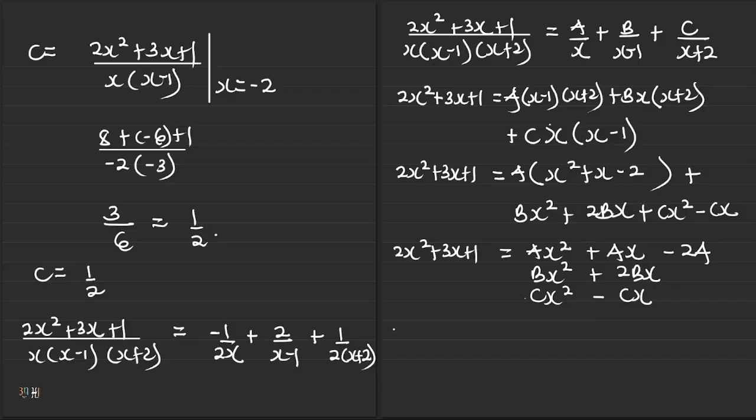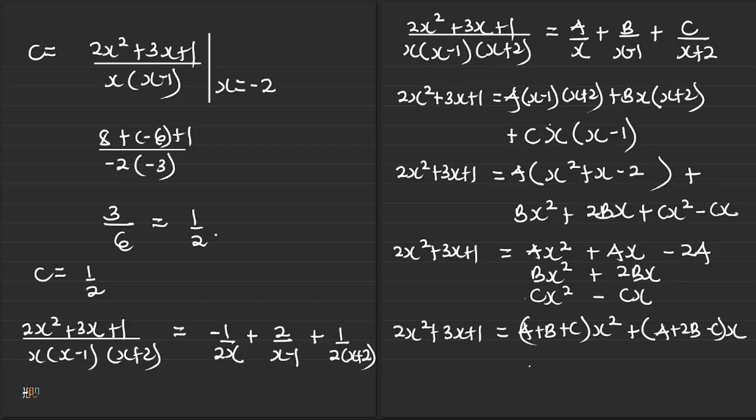So if you want to group them, we are going to get, for the x squared, a plus b plus c, x squared. Then for the x's, we have a plus 2b minus c, x.